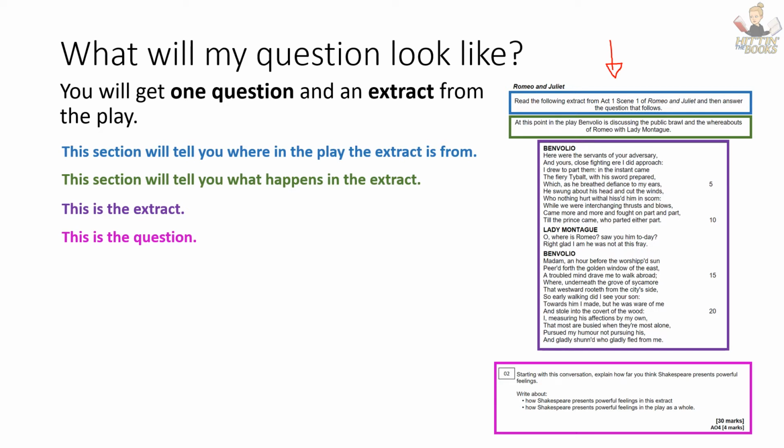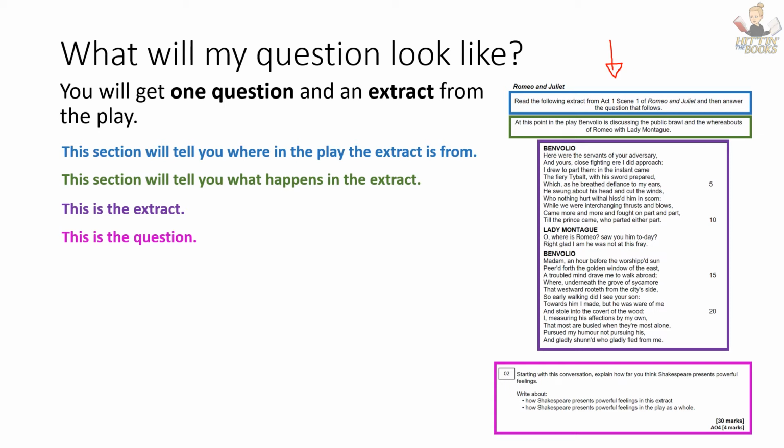So before you start reading the extract, you already have an idea of what you are reading and you're not having to figure it out as you read. You are preparing yourself as fully as possible, and you're helping yourself to look for other things rather than trying to understand where this extract is and what is happening in it. You already know that because you've read the information at the top of the page.